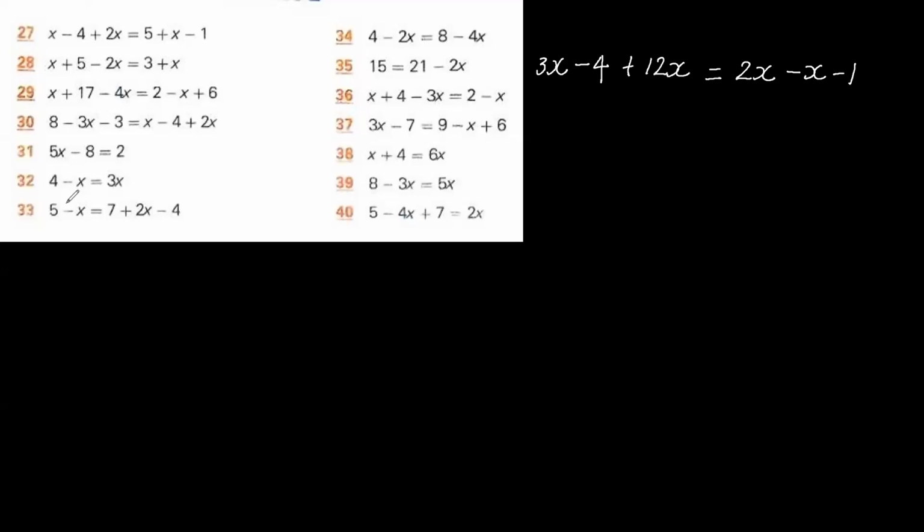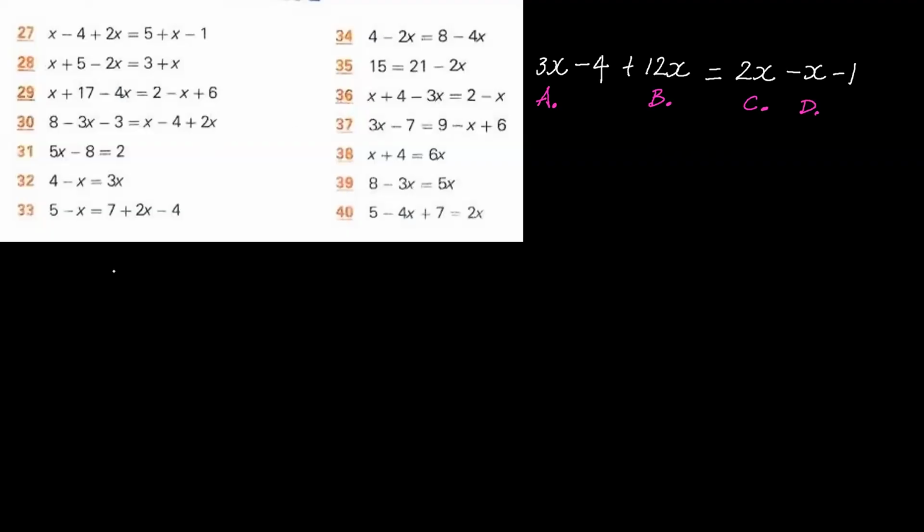You hear what I'm saying, Gabriel? I'm using that word again, simplify. Simplify means that if there are, look at the terms. There's a term here, let's call it A. There's another term here, let's call it B. There's another term here, let's call it C. There's another term here, let's call it D. Right.